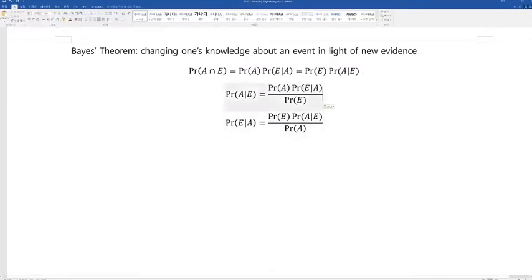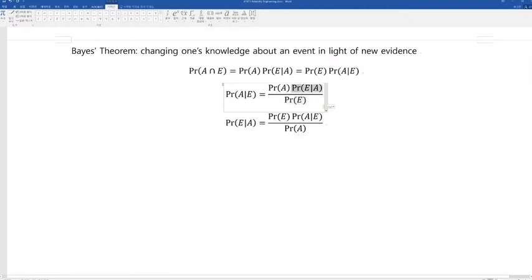So if we know the probability of the occurrence of A and the probability of the occurrence of E, and we know this conditional probability, then we are able to calculate this conditional probability, A given E. So that's the very essential part of Bayes' theorem. It is necessary to change our knowledge or our belief after we observe another event.